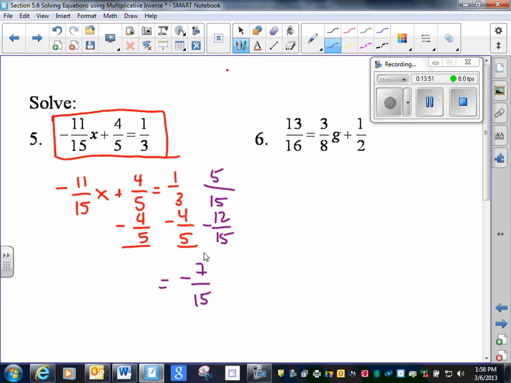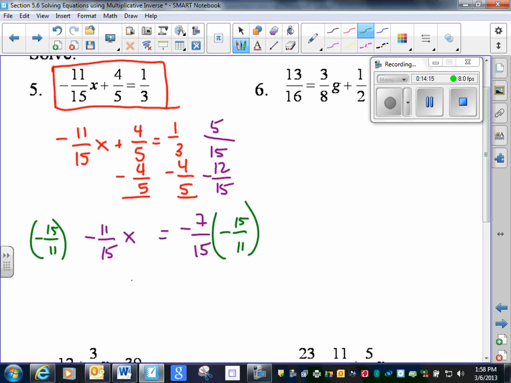That's what this side is. We've still got the negative 11/15 x over here. One more step to get the x alone. Multiply by the reciprocal of negative 11 over 15, which is negative 15 over 11. Negative 15 over 11.